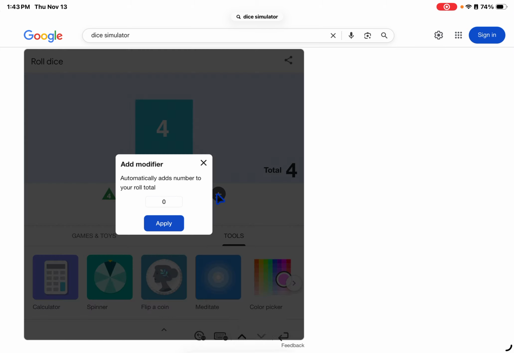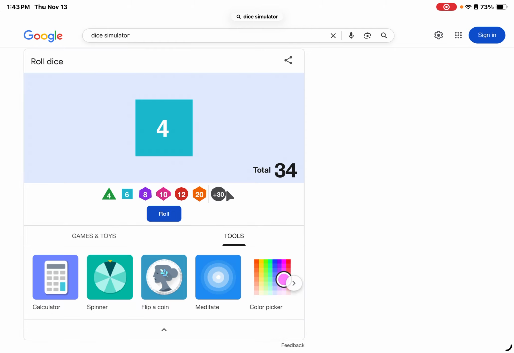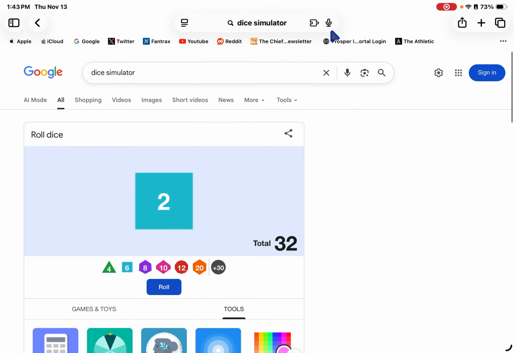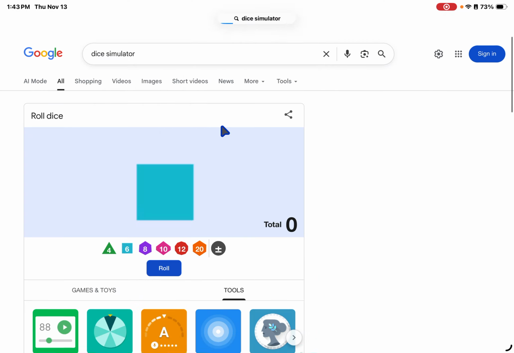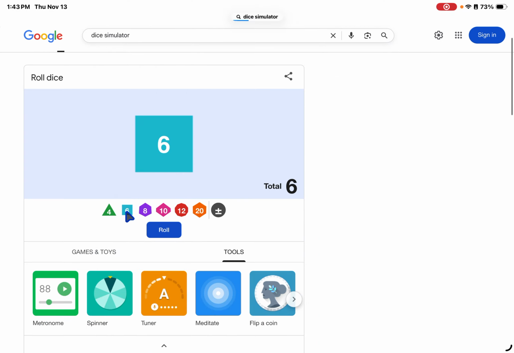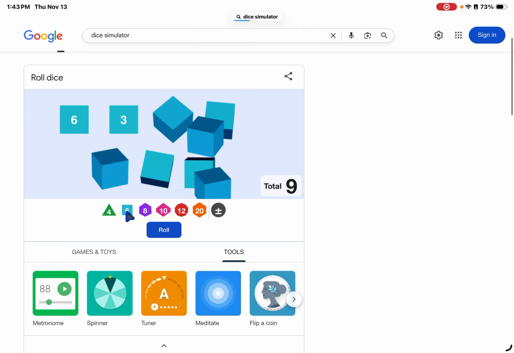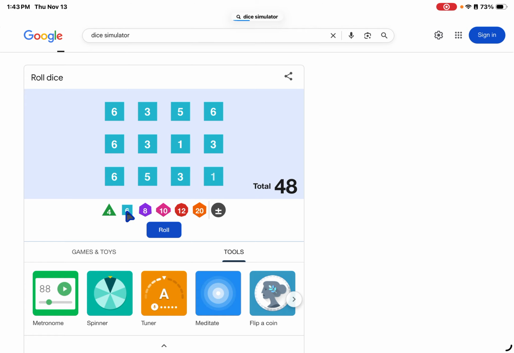You can just add 30, this may work. Nope, that's not what I wanted to do. Let's try this again. I was thinking I could just add more dice. Oh, I have to do this. Okay, so I could just add, what do we have, 12?